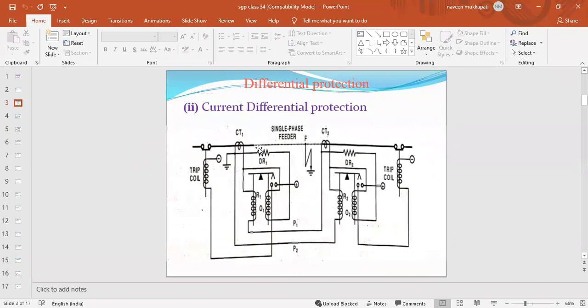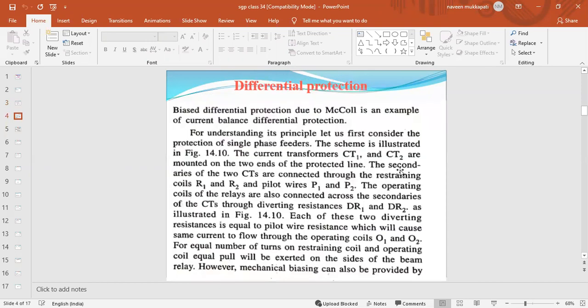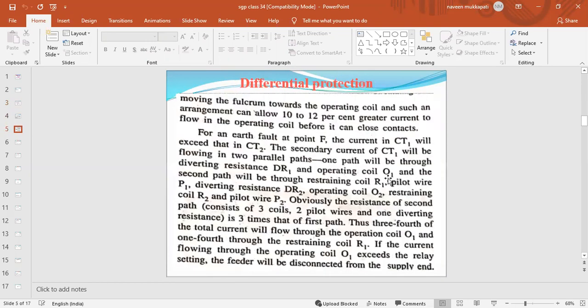That means some current will be obtained, flowing through this restraining coil, and after that, through the pilot wires, it will flow through the operating coil. If the operating coil current is more than the restraining coil current, then the relay will operate, or the circuit breaker will operate.